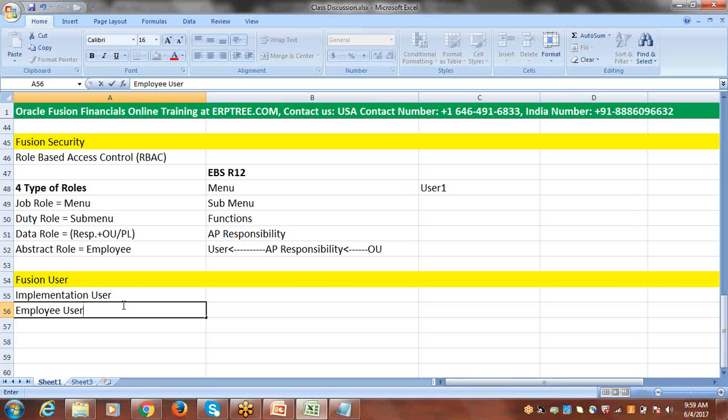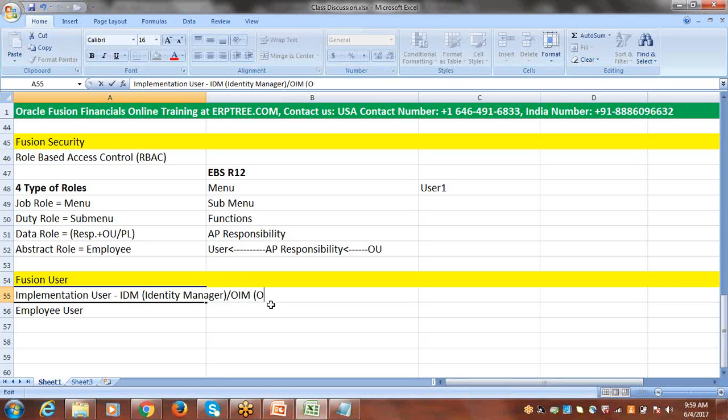But the first point is from where we can create the implementation user. You can create the implementation user from the IDM application. IDM stands for Identity Manager, or OIM, which is a middleware component, as we discussed in yesterday's session.